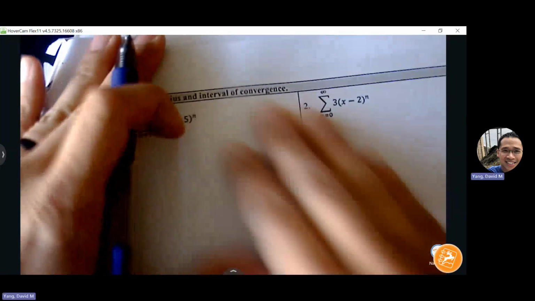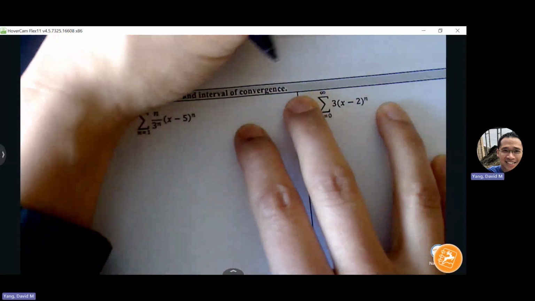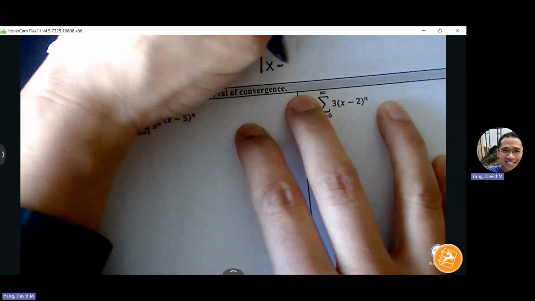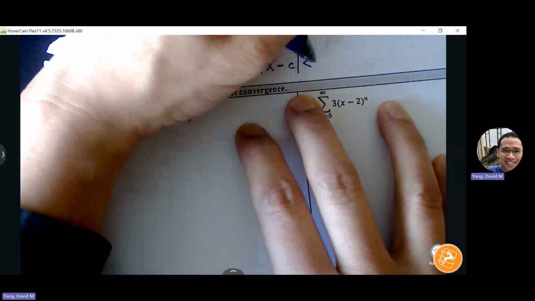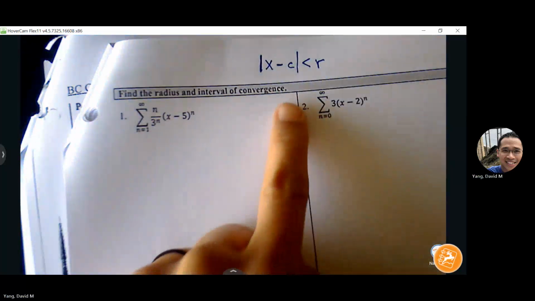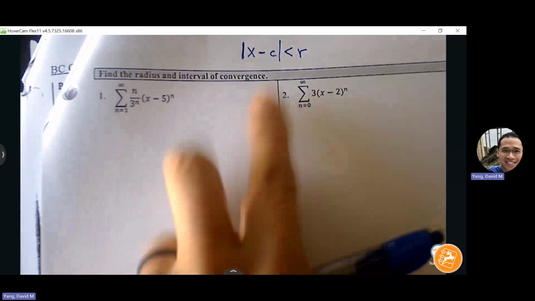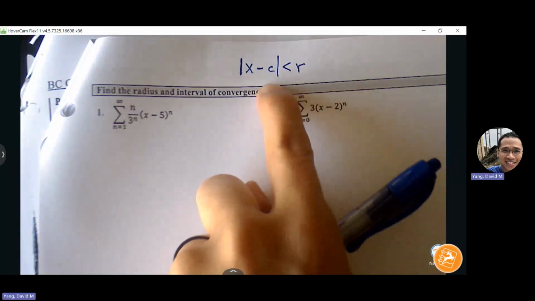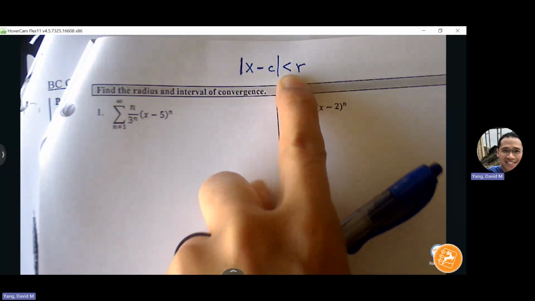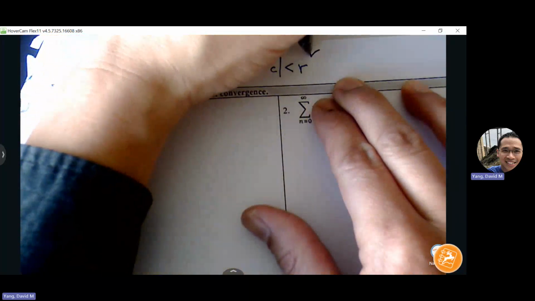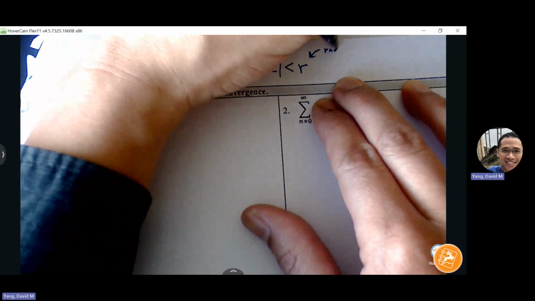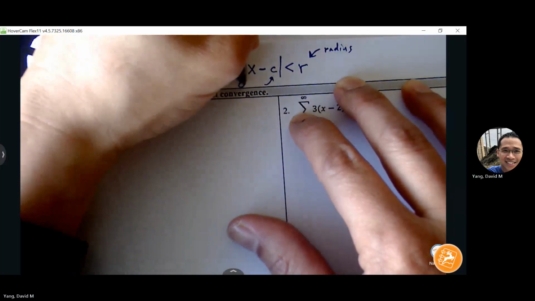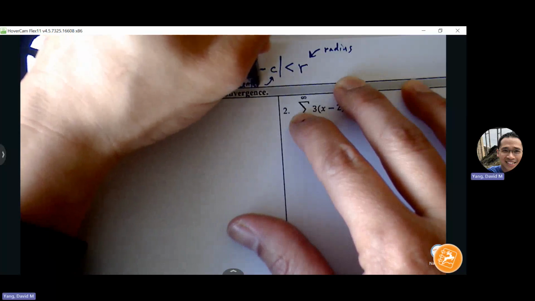One thing I did not show in the notes is this idea of the absolute value of x minus c is less than r. Whenever we get our absolute value down to this form, just know that whatever is to the right is basically indicating your radius, and then c is your center, but it's the opposite sign.